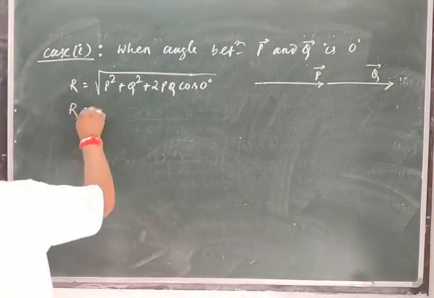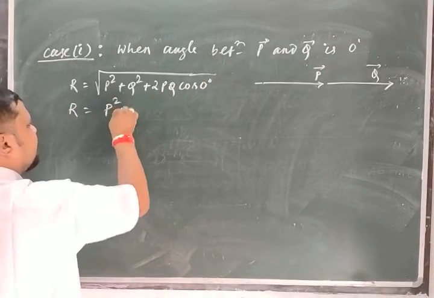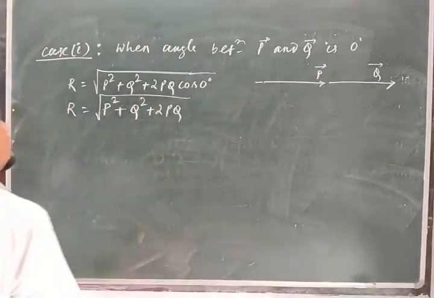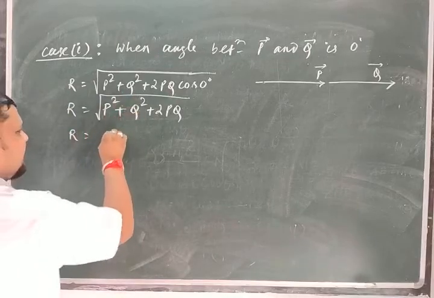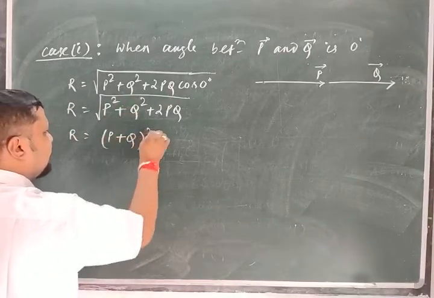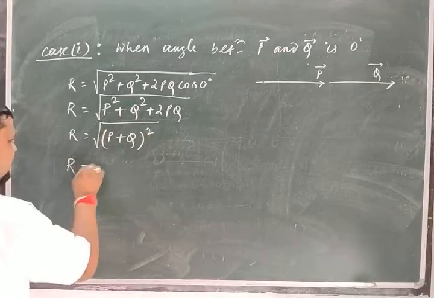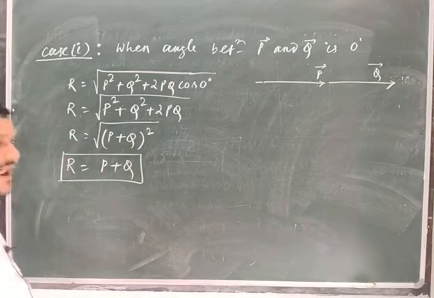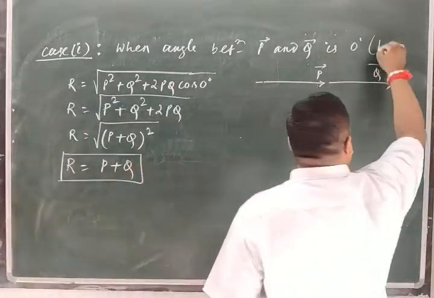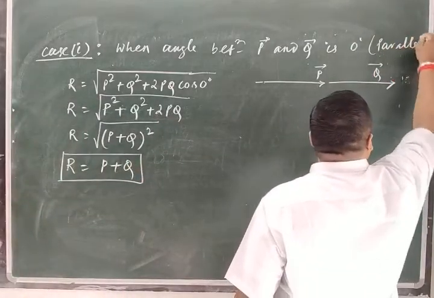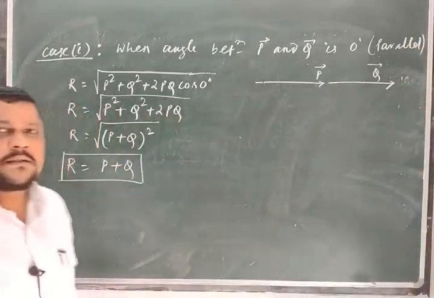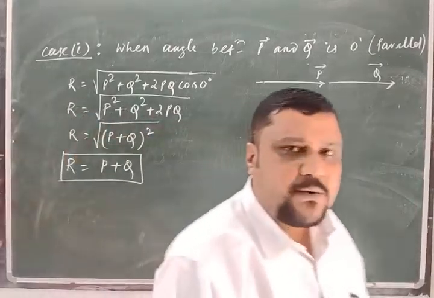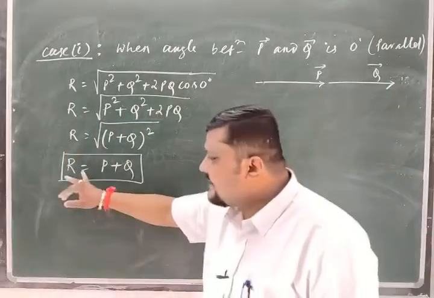So R is equal to root over P square plus Q square plus 2PQ, which is root over P plus Q whole square, or R is equal to P plus Q. So when the two vectors are parallel, 0 degree means parallel, then the magnitude of the resultant is equal to the sum of the magnitudes of the two vectors.